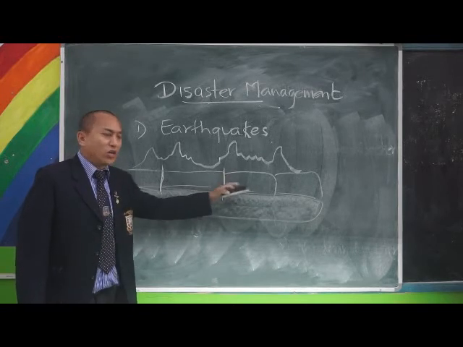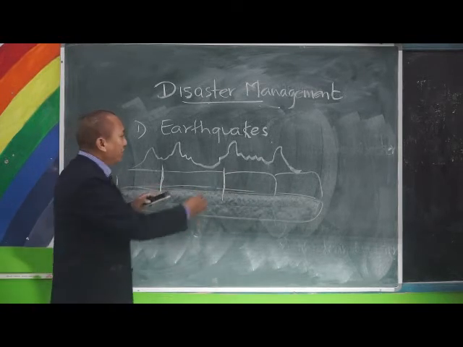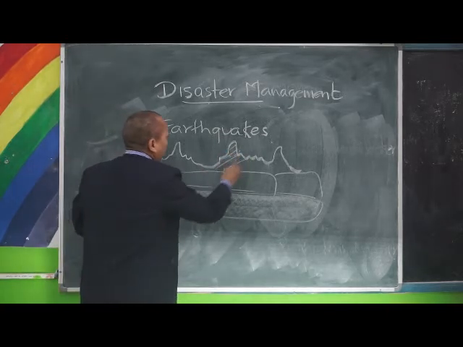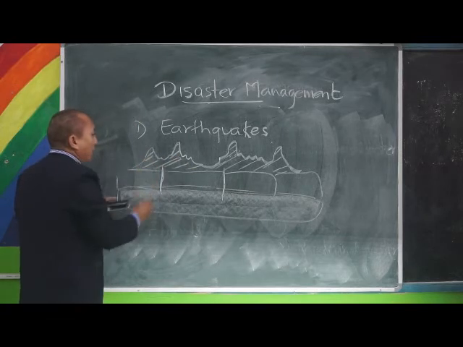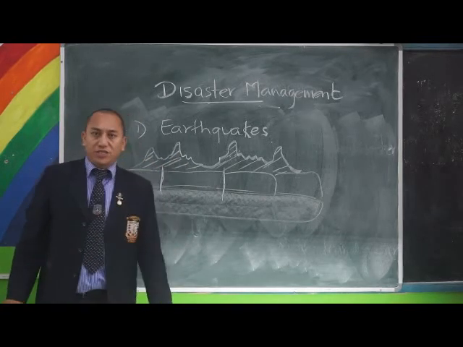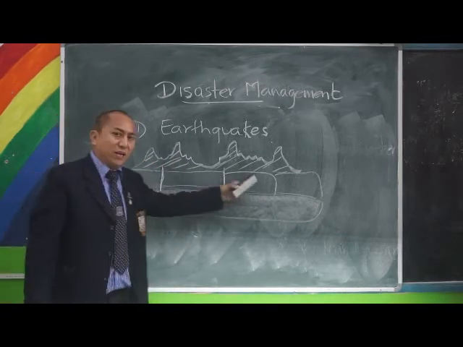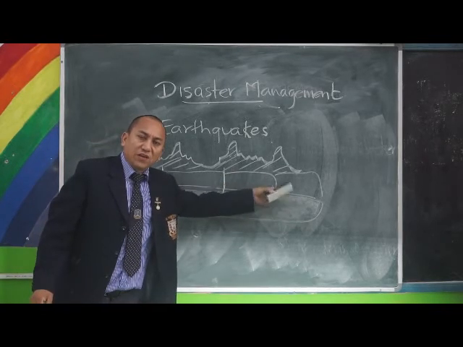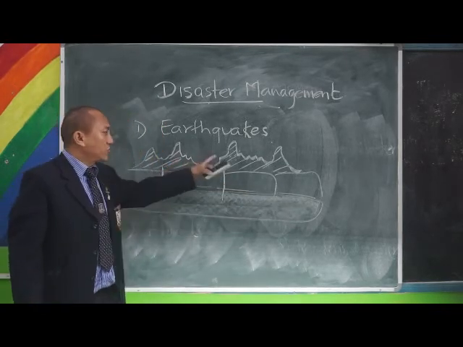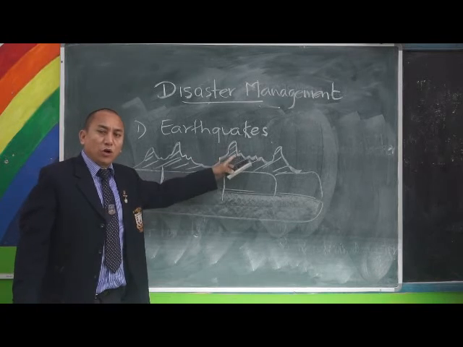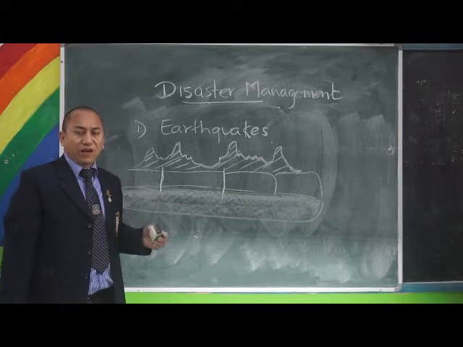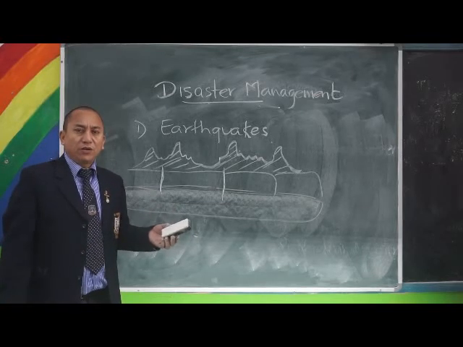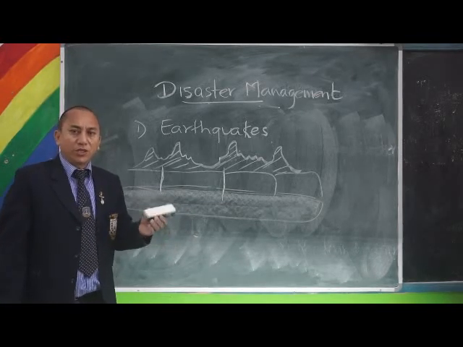And when these rocks move, the vibrations are felt on the Earth's surface, whereby causing earthquakes. That means when these tectonic plates move, the vibrations are transferred to the continents, whereby we feel the vibrations on the surface of the Earth, which we term as earthquakes.